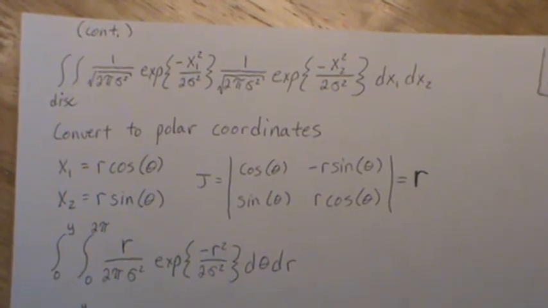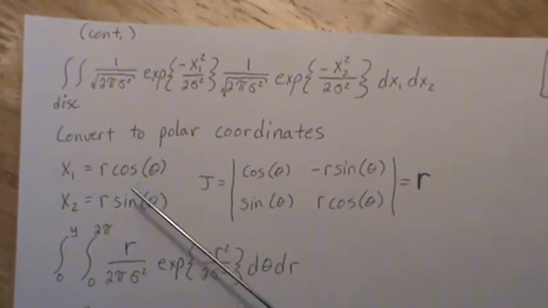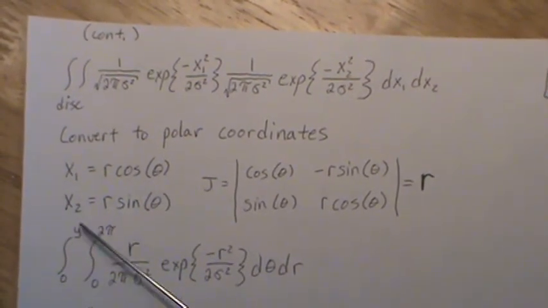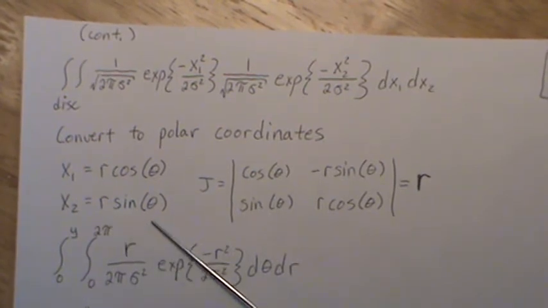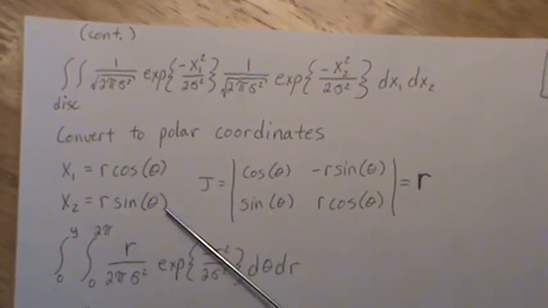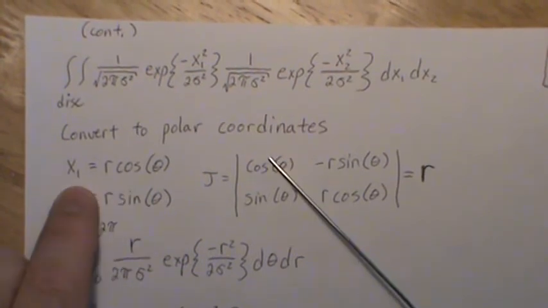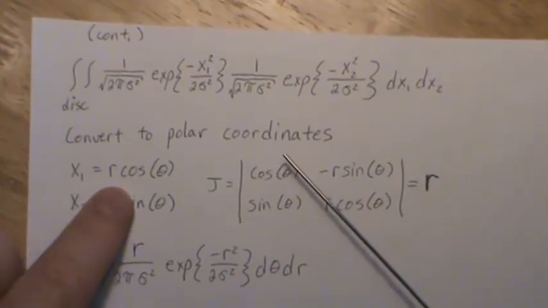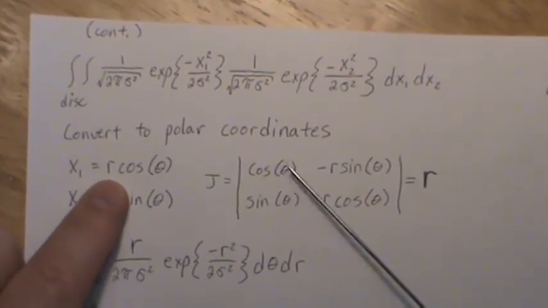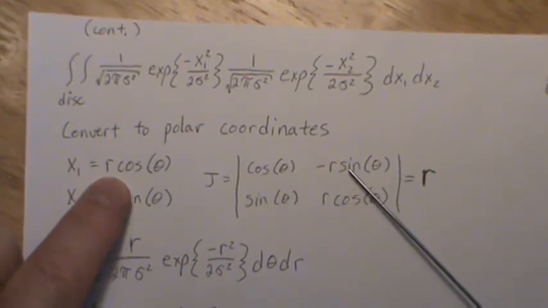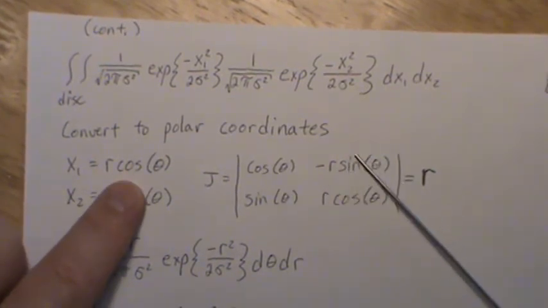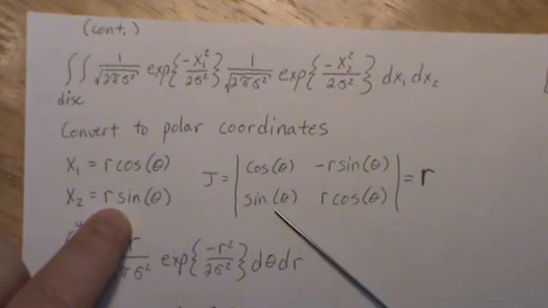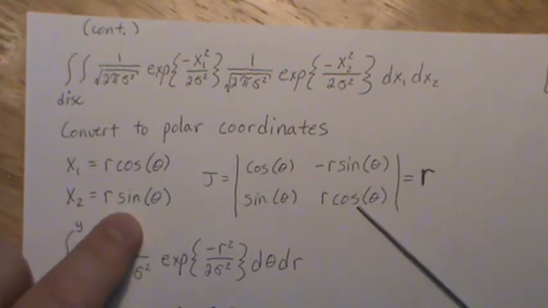So let's let X1 be r cosine of theta, X2 be r sine of theta, and the Jacobian of this is you take the derivative of X1 with respect to r, and we get this. Derivative with respect to theta, we get this. Then the same for X2, derivative with respect to r and derivative with respect to theta.